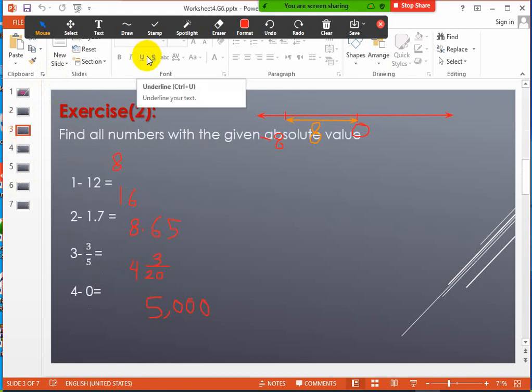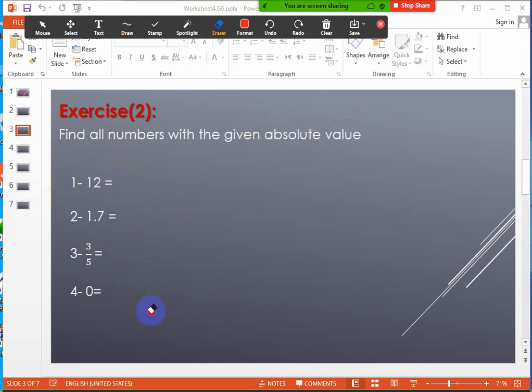Now, this is very important. I want you to find all numbers with the given absolute value, and something like this will be in the exam also. What are the numbers whose absolute value equals 12?